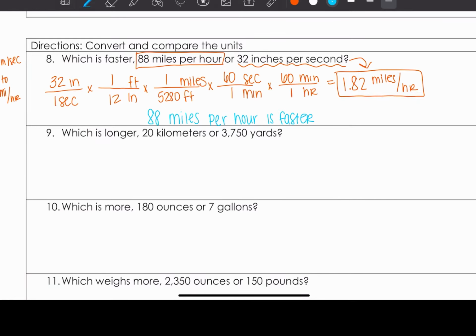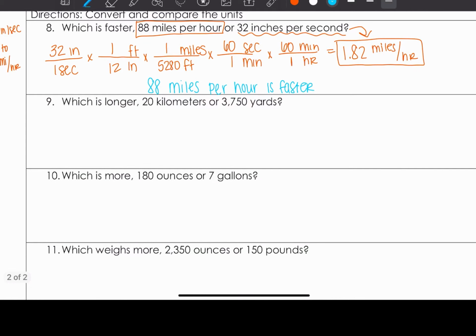We're going to move on to number 9. Which one's longer, 20 kilometers or 3,750 yards? So I'm going to convert kilometers to yards. We're going to keep our yards over here and change our kilometers. Since this one doesn't say per, it's not setting up a fraction that has a unit on the top and a unit on the bottom.